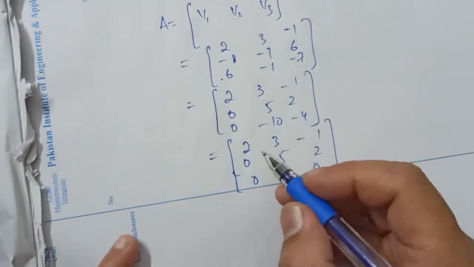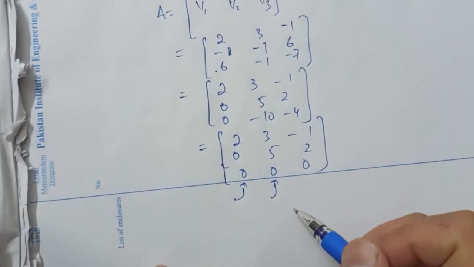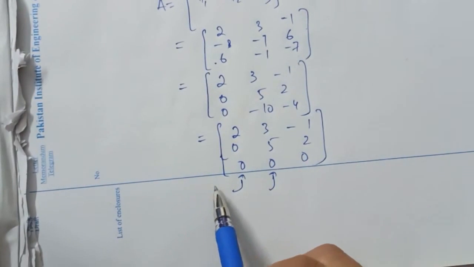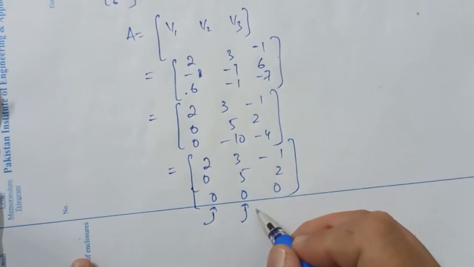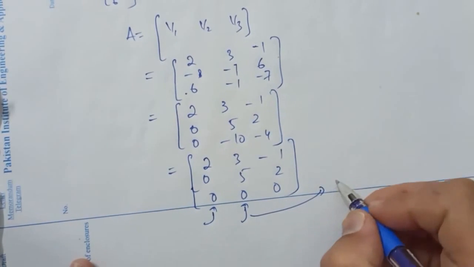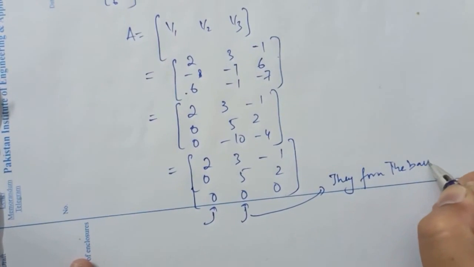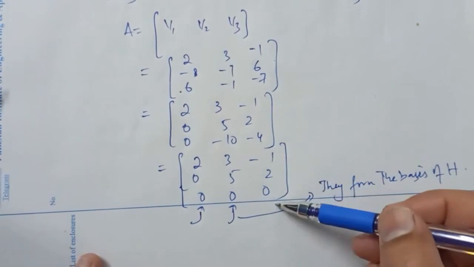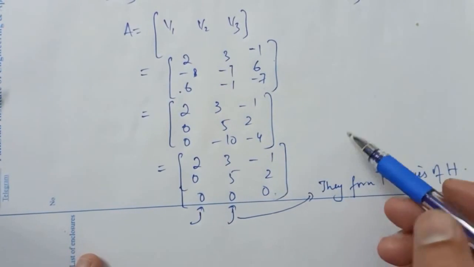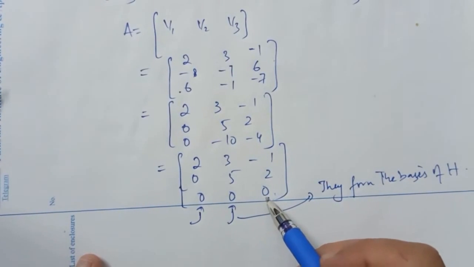See here, the first two columns are pivot columns, and the third is not a pivot column. Since the first two columns of A are pivot columns, they form a basis of H. There is a free variable here, and we know that whenever there is a free variable, the null space is not 0.